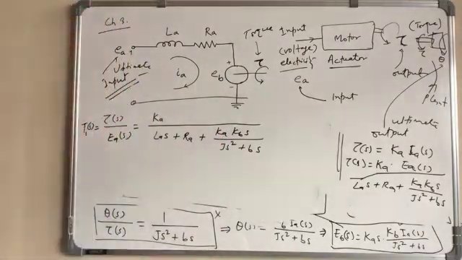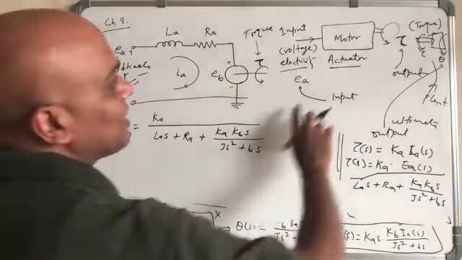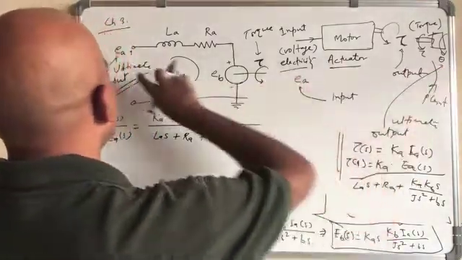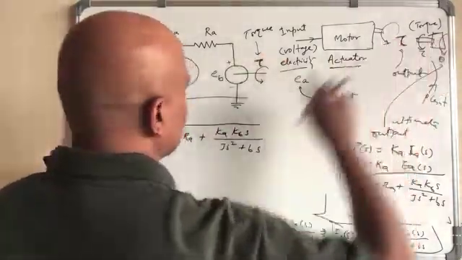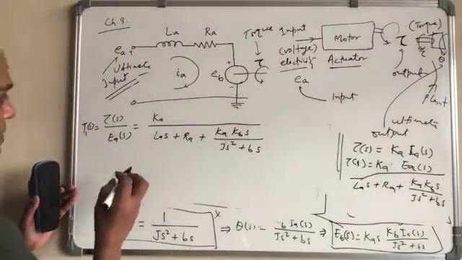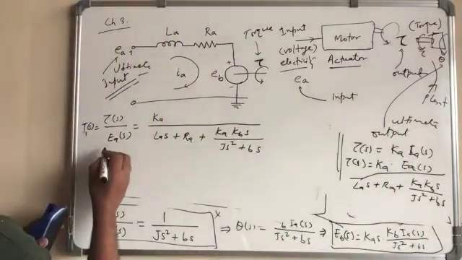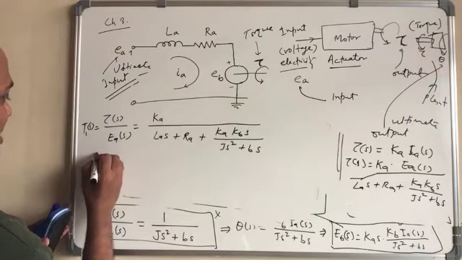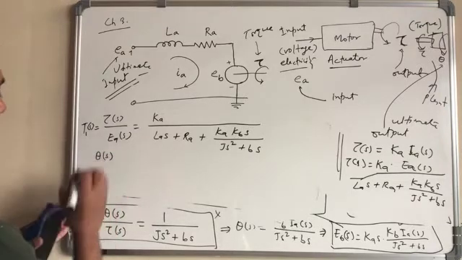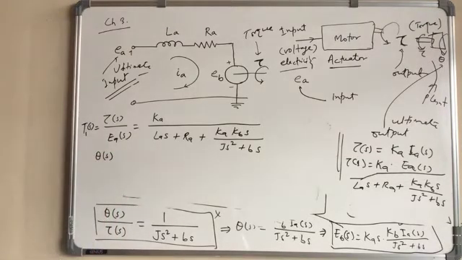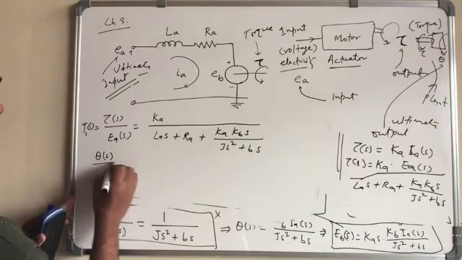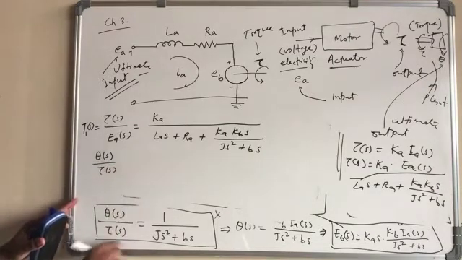Now we have to find the ultimate transfer function. As I said, the ultimate input is this, the ultimate output is that. The relation is basically we have to find theta S given the torque, right? So theta S over tau S is this one.